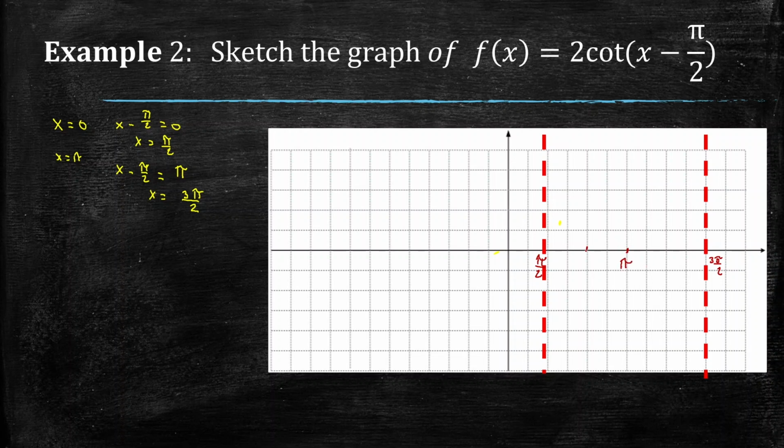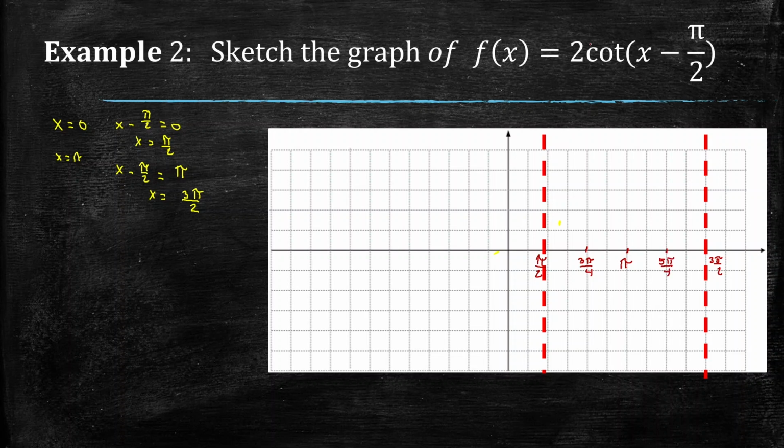And I could go halfway again. This would be 3 pi over 4. And this one here would be, let's see, 5 pi over 4. Okay, so let's plot some other points.